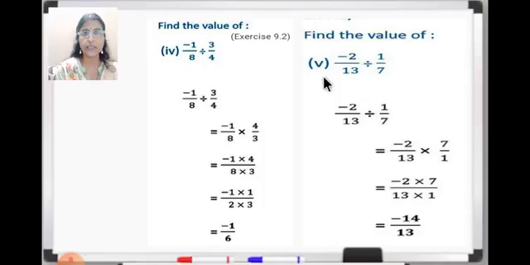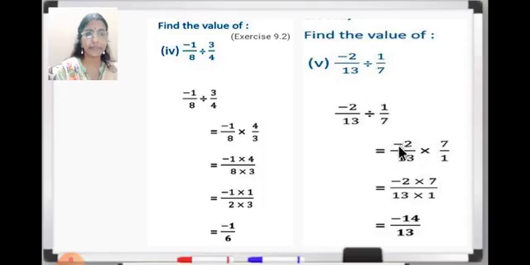Now the fifth question of the same exercise 9.2: minus 2 upon 13 divided by 1 upon 7. Same method. First rational number we will write as it is, minus 2 upon 13. Division we will write as multiplication, and 1 upon 7 will become 7 upon 1. This is the reciprocal form of 1 upon 7.